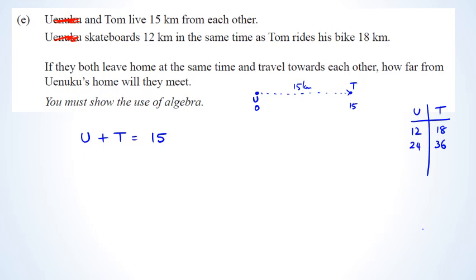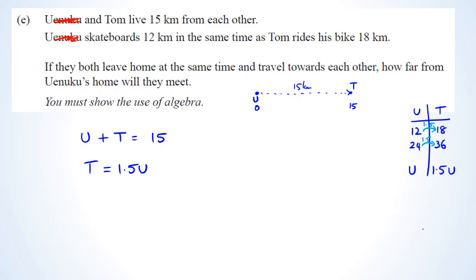Looking at these numbers, I can see the pattern: this is getting multiplied by 1.5. So if I take Mr. U's distance, then T would be 1.5 times the distance of U. That's my second equation: T equals 1.5U.